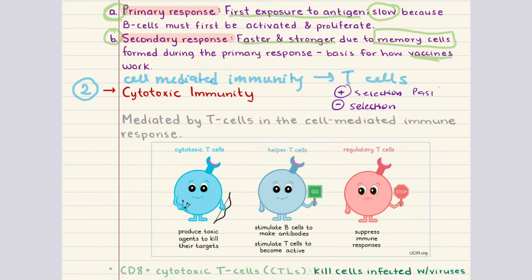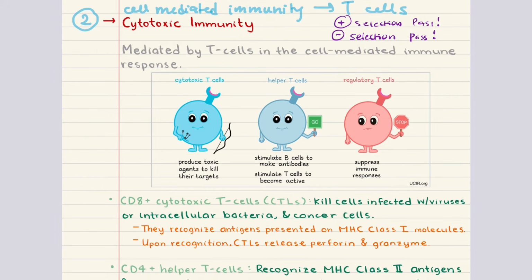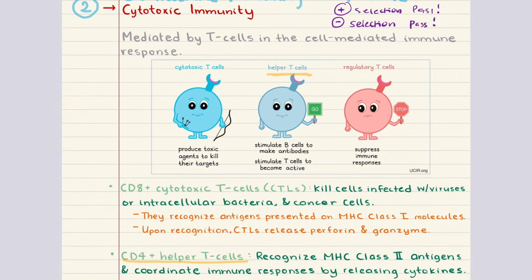T cells that are able to pass these tests are then released into circulation as mature but naive cells that are ready to respond when they encounter their specific antigen. There are several key types of T cells, in fact. Helper T cells, also called CD4 plus T cells or TH cells, recognize antigens presented on MHC class II molecules, typically from extracellular pathogens.